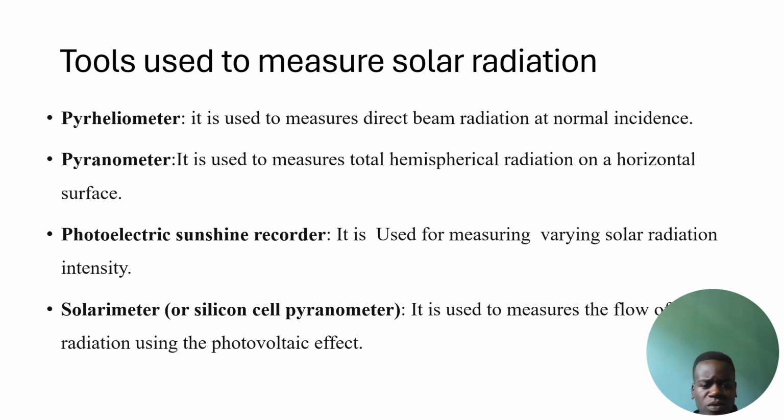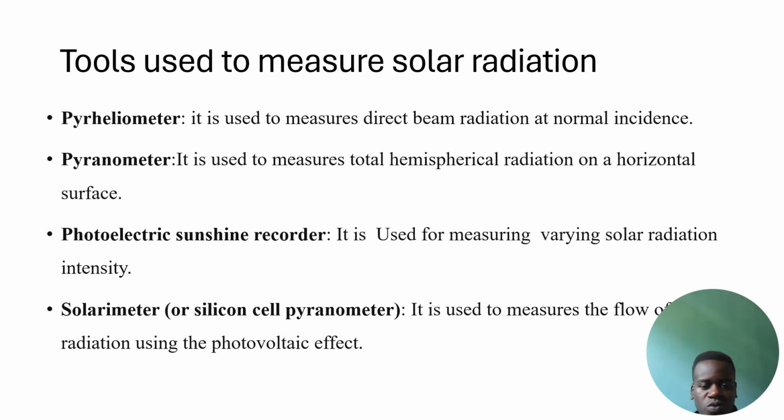Let me continue about the tools that are used to measure solar radiation. The first tool is called a pyranometer. This tool is used to measure the total hemispheric radiation on a horizontal surface. Another is called a photoelectric sunshine recorder.